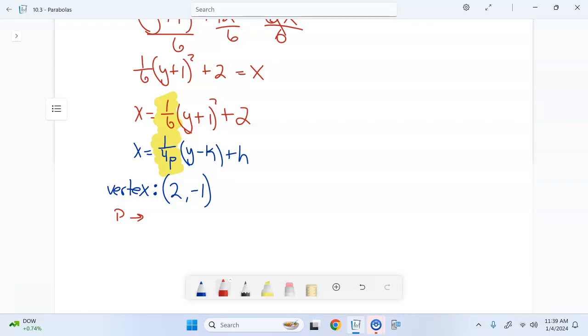What could we do with the knowledge that our leading coefficient is 1/6 and in our formula it's 1 over 4 times p? Any ideas are welcome. You don't have to be afraid. No ideas on how to figure out what p is?